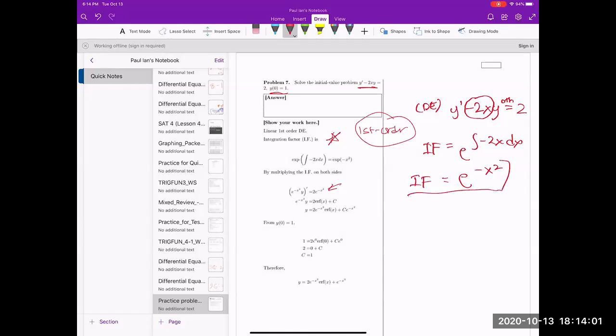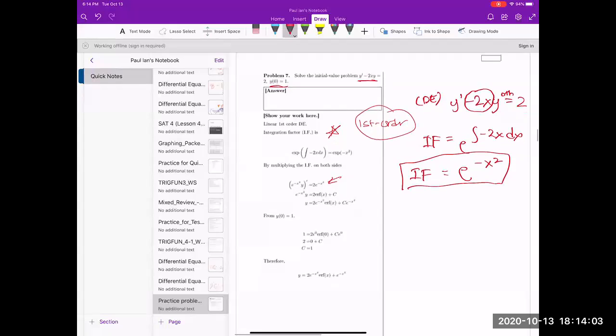So that's the first step for these ones. After you get that, you multiply it on both sides of your differential equation. Usually this is the way I do it. So you have this guy, and then you have this y. Actually, I'm skipping a step.